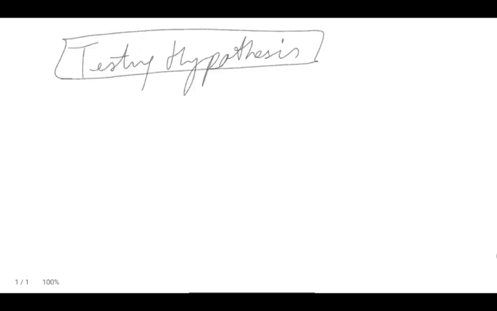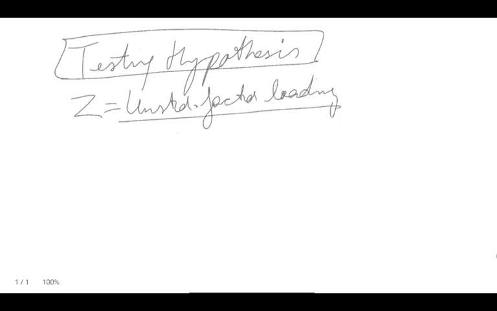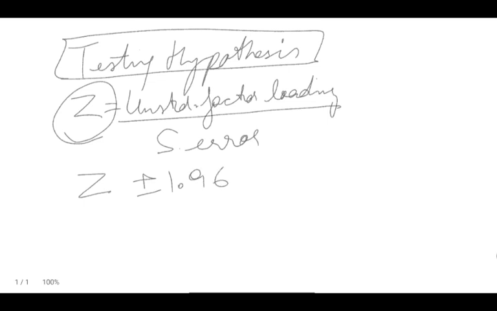First of all, we check the z-score, which is obtained by dividing the unstandardized factor loading by the standard error. So once you divide it by standard error, you get the z-score. Now, the rule of hypothesis testing says if z-score is more than plus minus 1.96 in case of a two-tailed hypothesis testing, two-tailed test, then we are good to reject the null hypothesis.